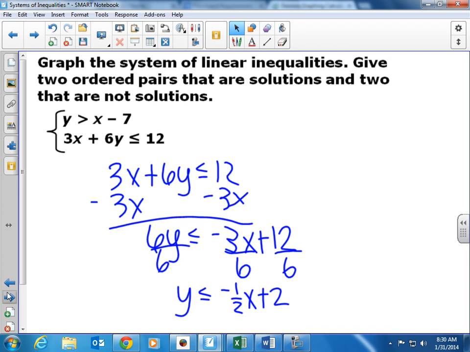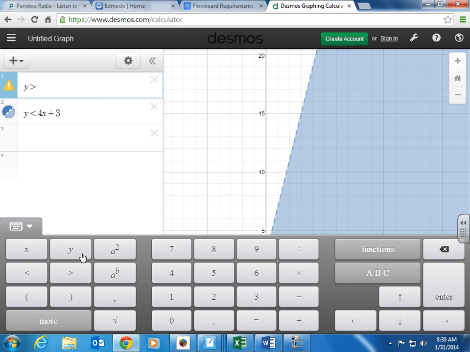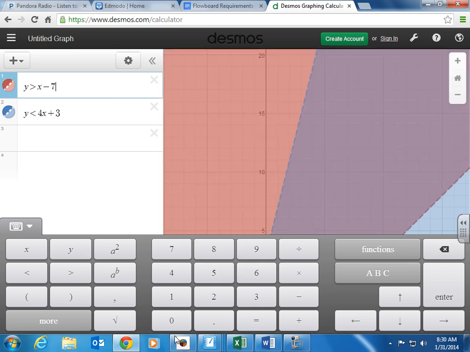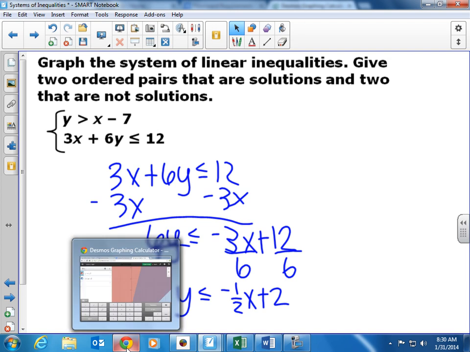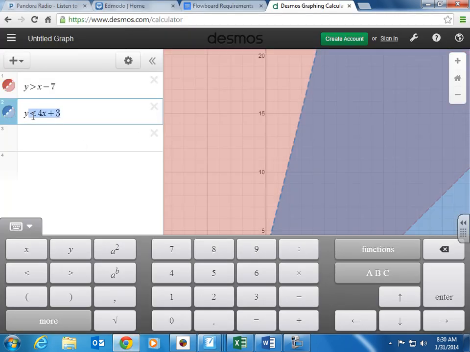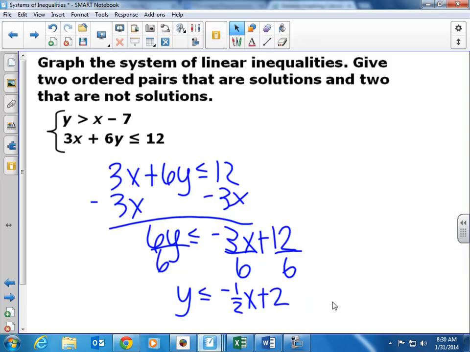Now I'm going to go back over to Desmos and graph these two inequalities. Y is greater than x minus 7, so let's graph that. And then my other inequality was y is less than or equal to negative 1/2 x plus 2.